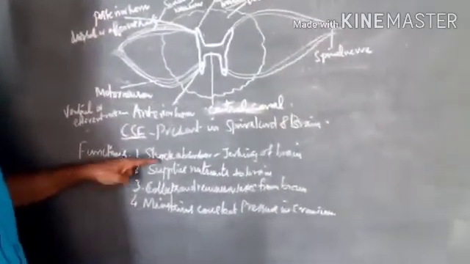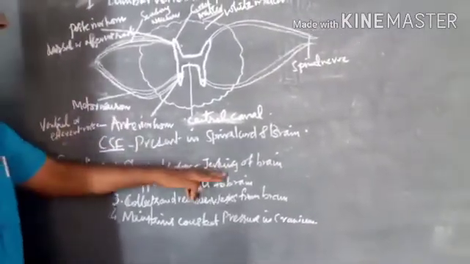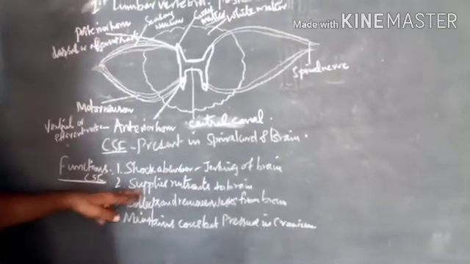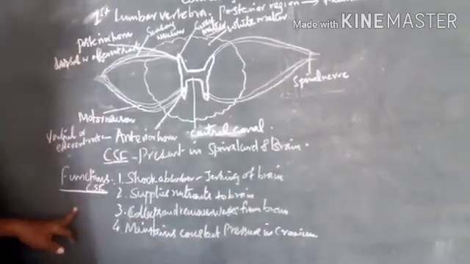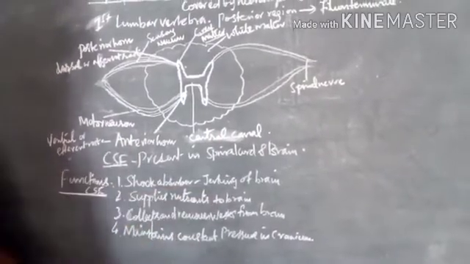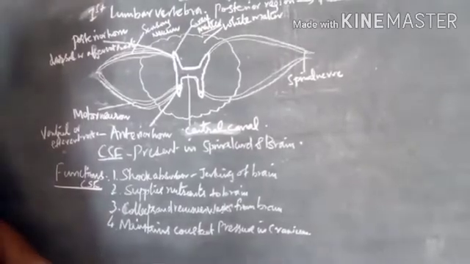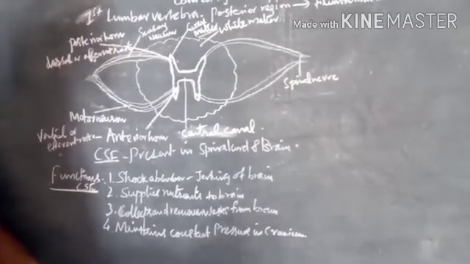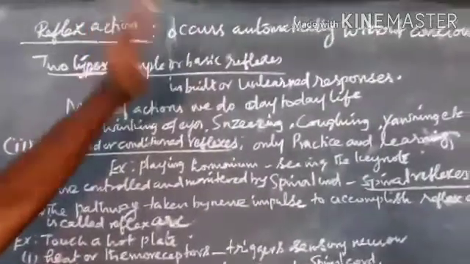It acts as a shock absorber when the brain is jerked, and it supplies nutrients to the brain. It collects and removes waste from the brain, and it also maintains constant pressure in the cranium. Understand?